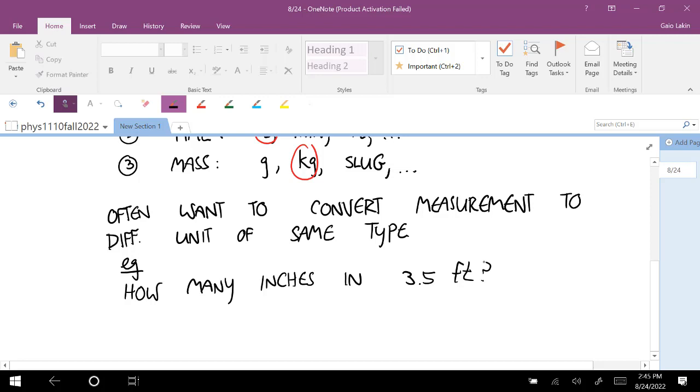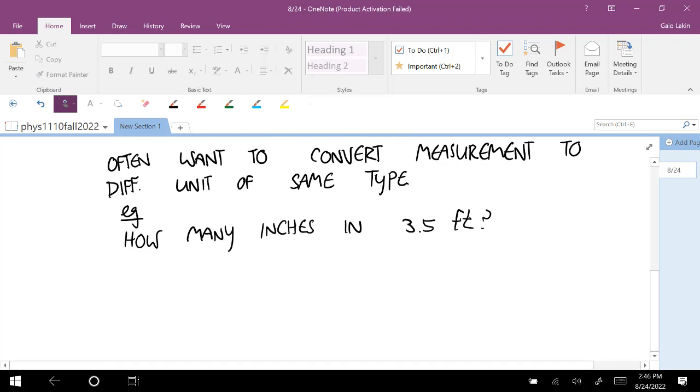Okay. You're used to doing these kinds of calculations. You've done things like that many times probably. It gets a little more complicated when you have combined units like meters per second squared. How do you convert that to feet per hour squared or something? It's a little trickier, but I'm going to give you an approach that works in every case.